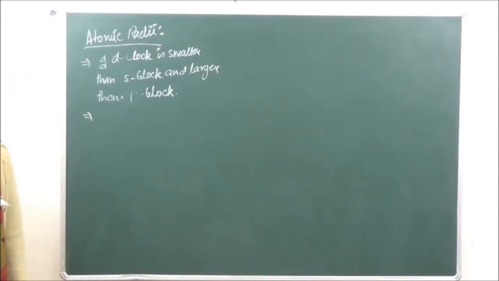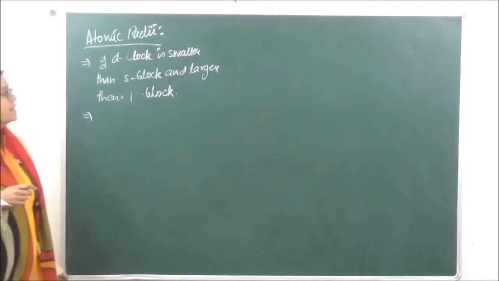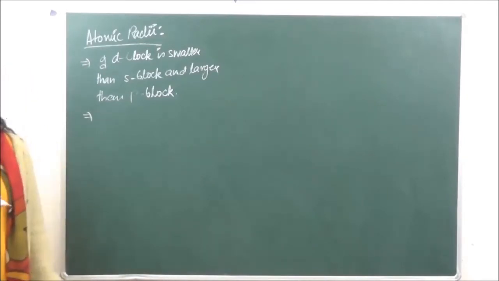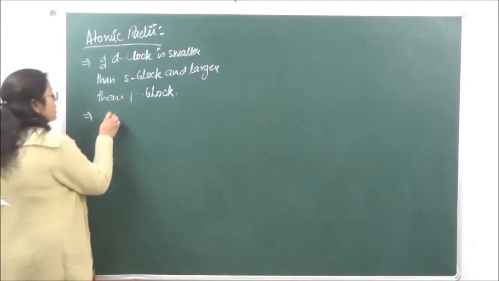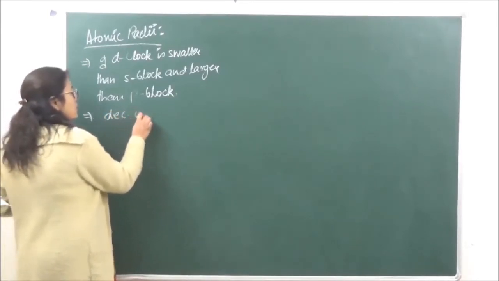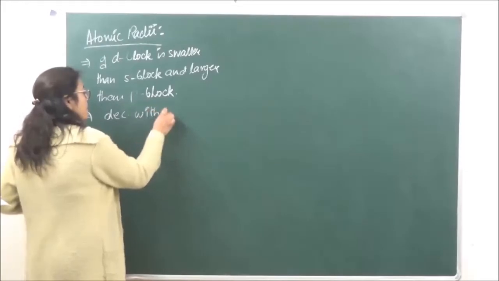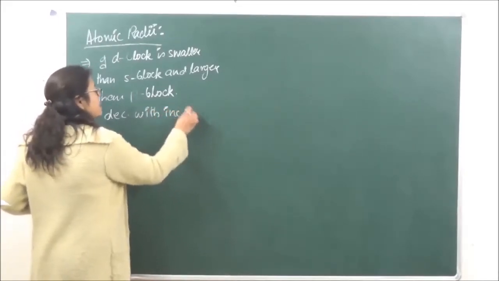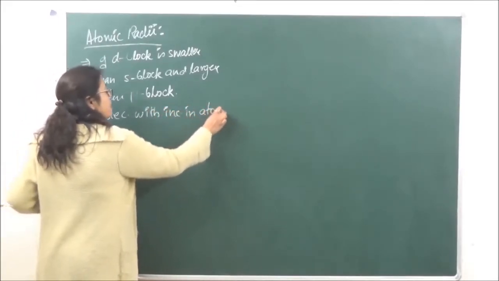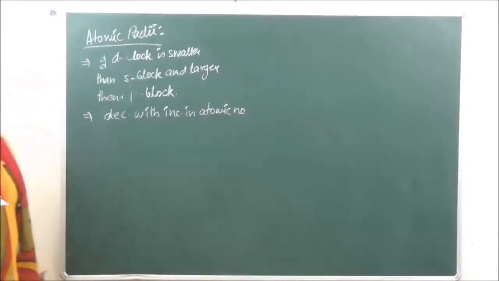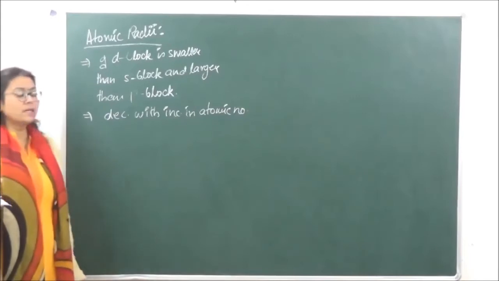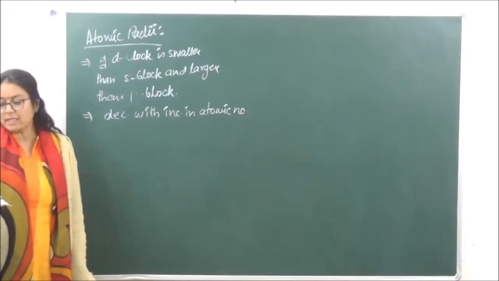When we are talking of the atomic radii, mostly the atomic radii in this case that is going to be covalent. So as we go along the series, the atomic radii decreases with increase in atomic number. A simple reason जो कि हम इसके लिए दे सकते हैं, that is because the nuclear charge that is increasing.